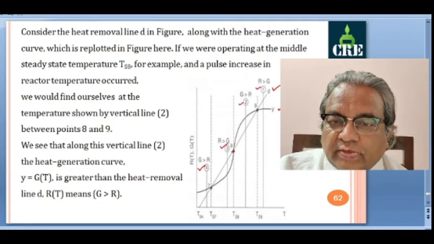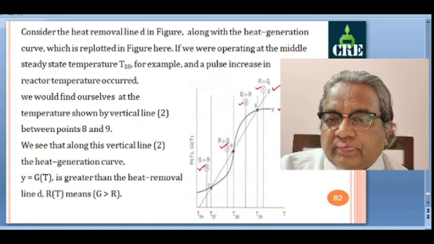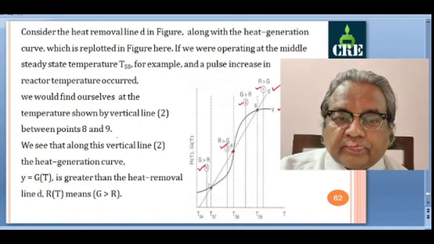So generation term is above removal term, so G greater than R. Then it again crosses here and it becomes less. So beyond this removal term is greater than generation term.